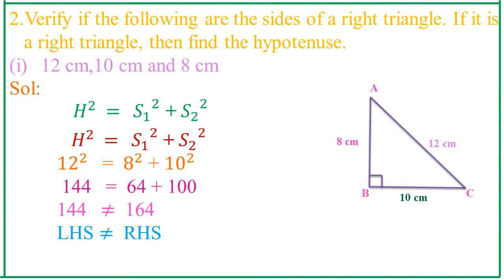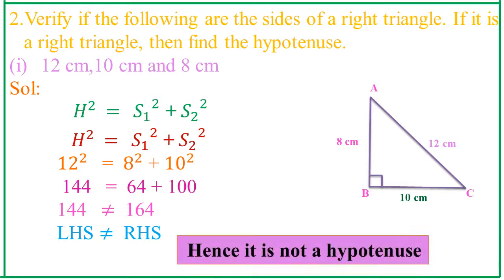Therefore, LHS not equal to RHS. So hence it is not a right triangle. Hypotenuse means h squared equal to s1 squared plus s2 squared, but here LHS is not equal to RHS. So hence it is not a right triangle.